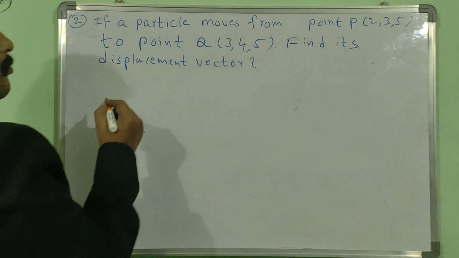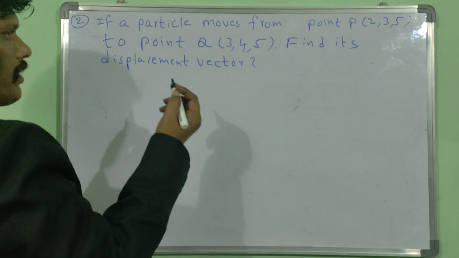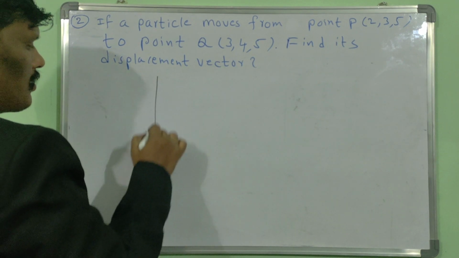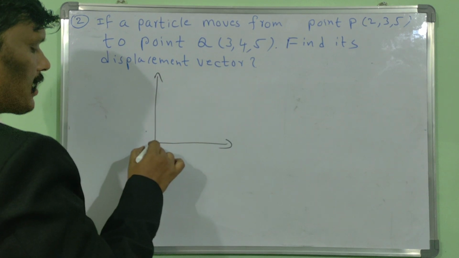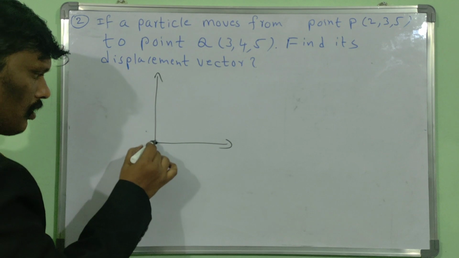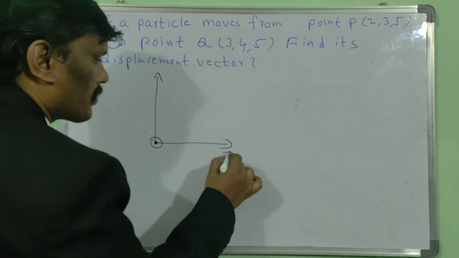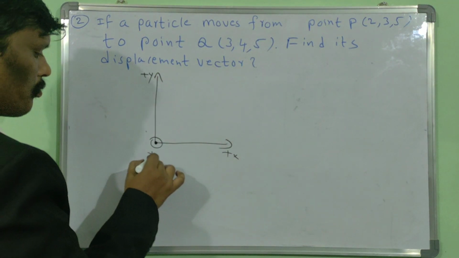Observe here, let us consider the Cartesian coordinates x, y, z. We need to consider rectangular coordinates, so the x axis, y axis and z axis I am going to represent like this, perpendicular. This is the positive x axis, this is the positive y axis, and this is the positive z axis.